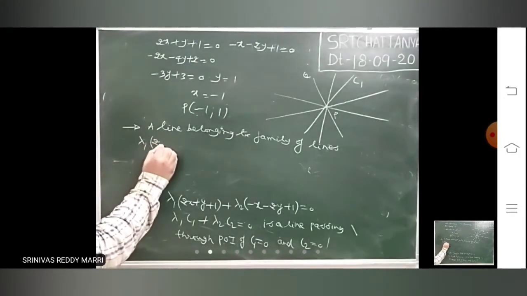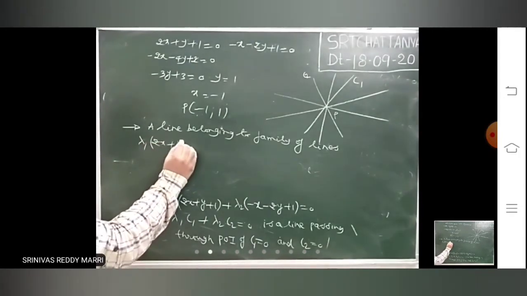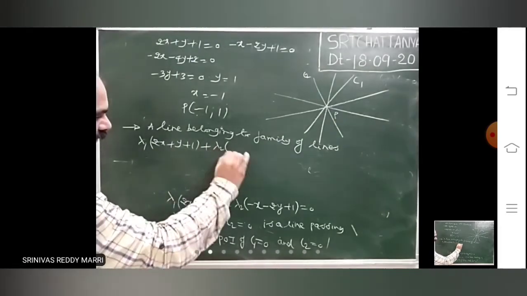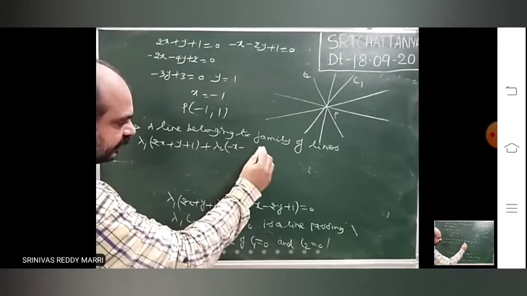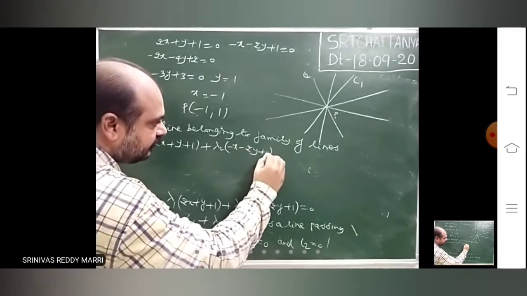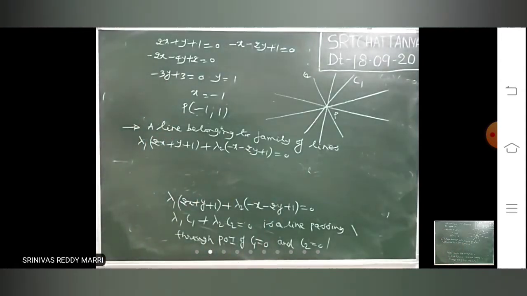Lambda 1 into 2x plus y plus 1, same previous question only, lambda 2 into minus x minus 2y plus 1 equal to 0.